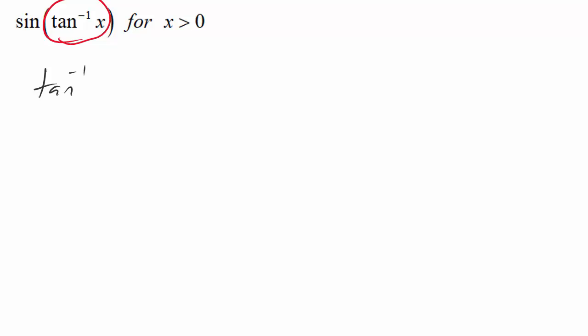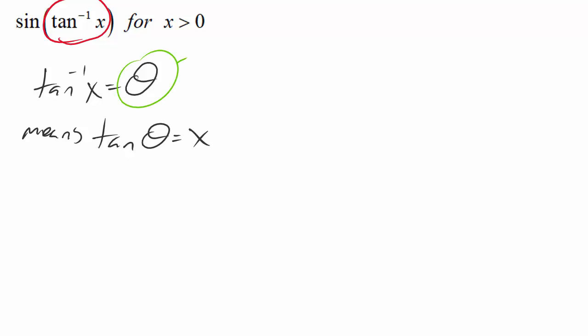Alright, so inverse tangent of x is still an inverse trigonometric function, which means the answer here is going to be an angle theta. What this also means is that the tangent of that angle theta is going to be equal to x. Keep in mind that our answer for inverse tangent to give us that angle here has to be between negative pi over 2 and pi over 2.